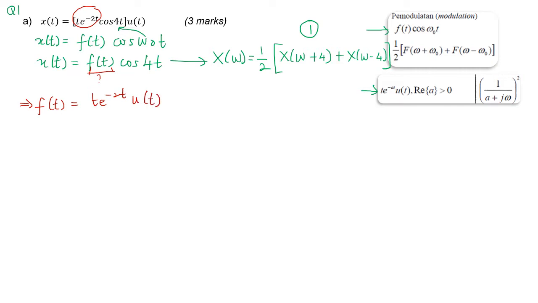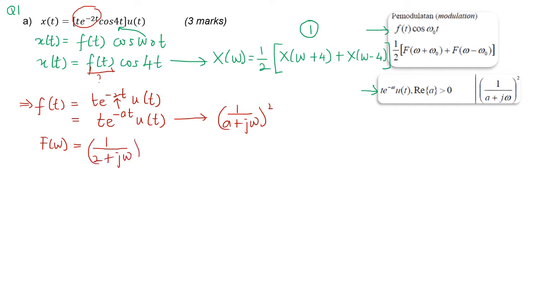So from the table, you know that t e to the minus at u(t) will produce 1 over (a plus j omega) squared. So in this case, we know that your a is equal to 2. Therefore, F(omega) equal to 1 over (2 plus j omega) squared. So this is equation 2.